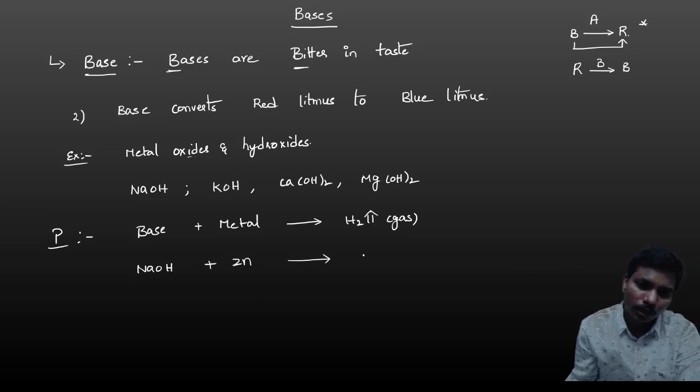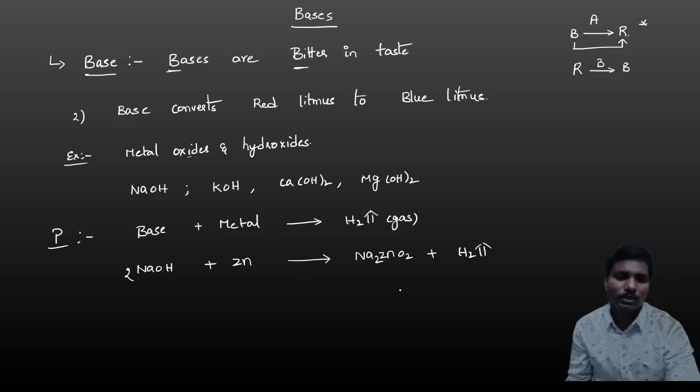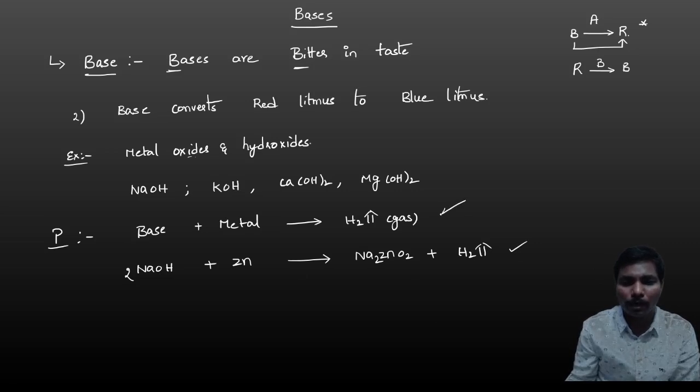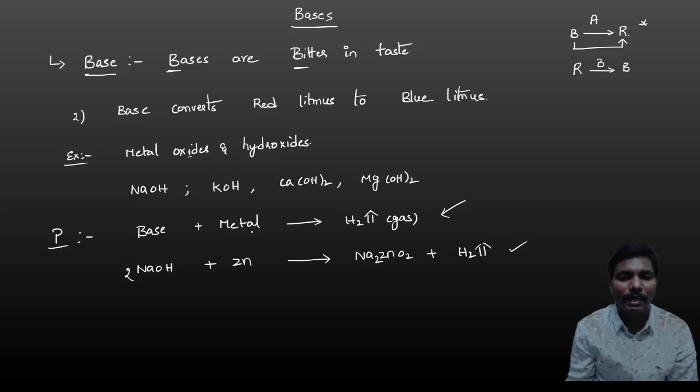Na2ZnO2 plus hydrogen gas is released. To balance this equation, two hydrogens means we have to take two here, Na2. Sodium is balanced, zinc is balanced, oxygen also balanced. So the equation is balanced. You have to remember the main property: bases react with metal to give hydrogen gas.